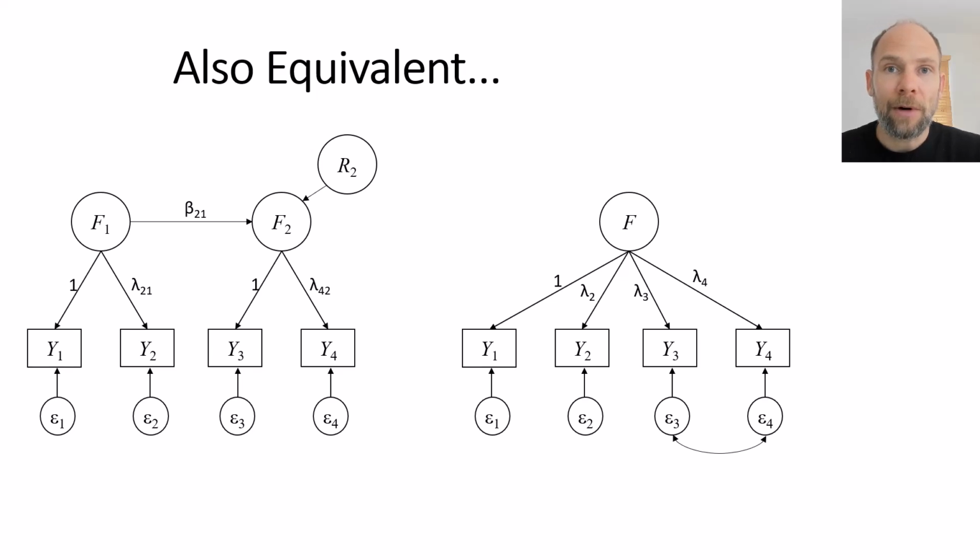And so method or indicator specific effects are sometimes modeled with correlated residuals, correlated error terms, and then this model would be, as you would find if you try that out with your data, it would fit exactly the same as the regression model on the left-hand side, yet it makes a very different hypothesis with regard to how the data were generated.